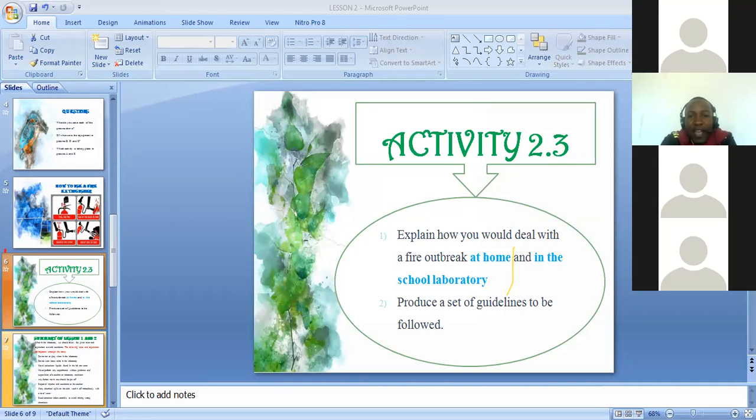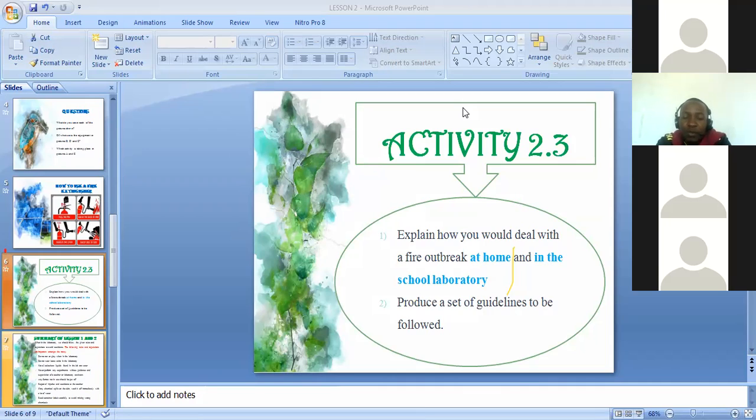So among the three items we've suggested, that is sand, soil dust, and water enriched with carbon dioxide, you are to select one which you're going to use at home. Am I clear?